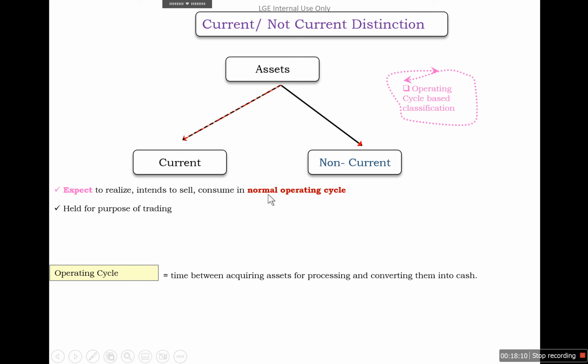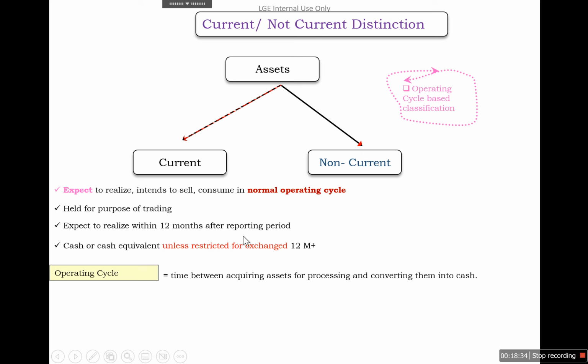Second, if it is held for trading, it is a trading asset, and if it is expected to be realized within 12 months after the reporting period, it will be classified as current. And cash and cash equivalent, unless restricted from exchange within 12 months, will be classified as current assets.